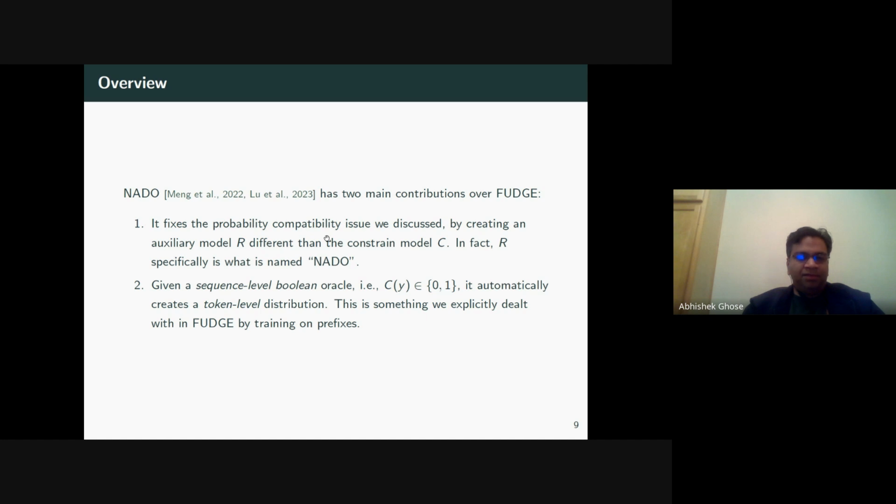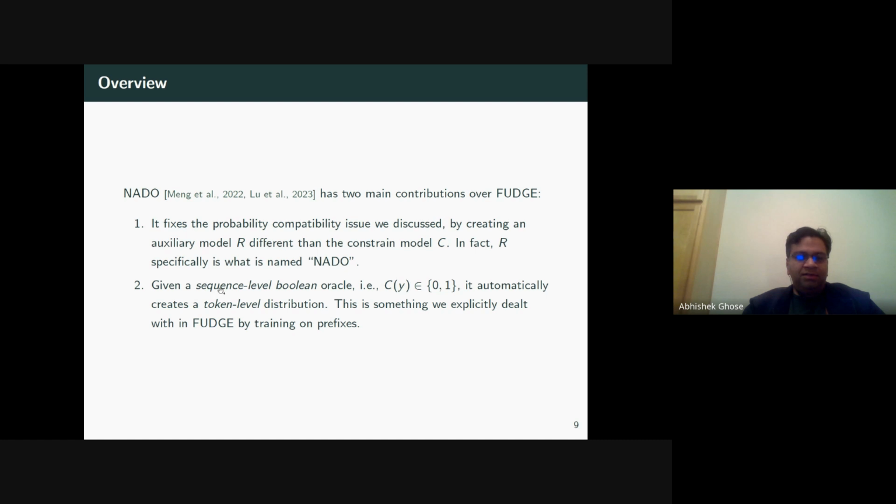That in FUDGE we don't really care about how misaligned the base model might be with respect to constraints, and NADO fixes this by creating another auxiliary model R, which is different from the constraint model C. And in fact the name NADO is for that auxiliary model R. The auxiliary model R is what's called NADO in the paper, right?